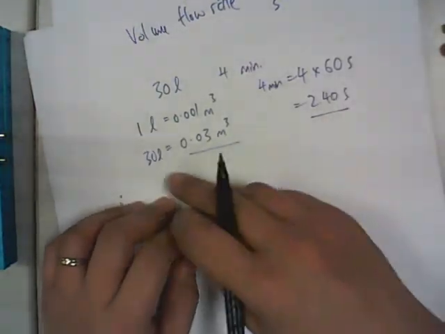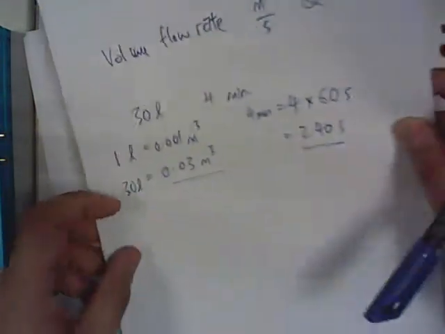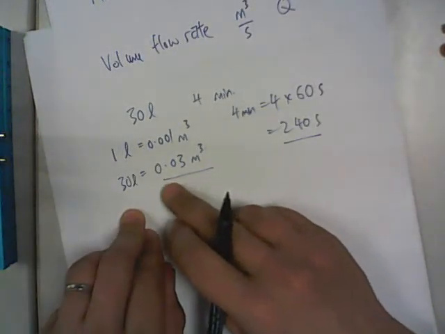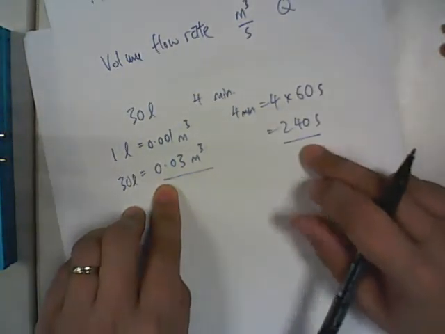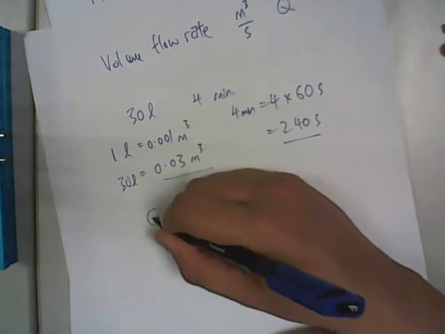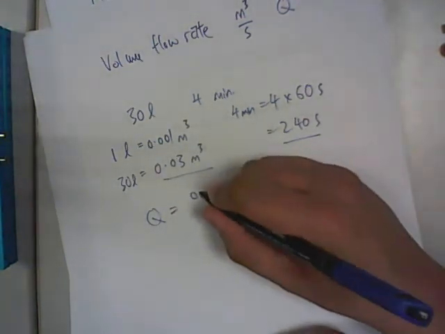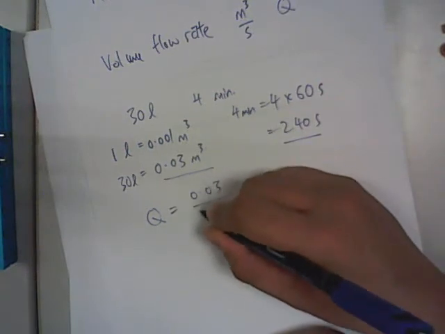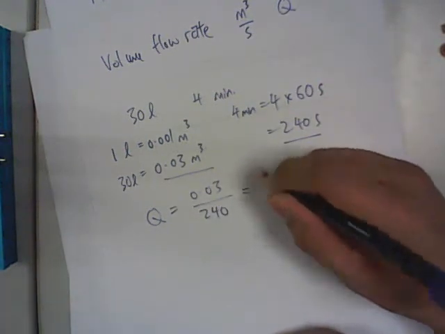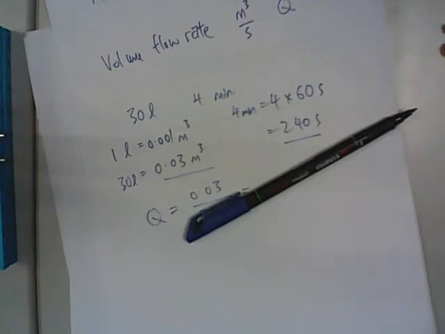So the flow fills 0.03 meter cube in 240 seconds. This is volume, so I can find the volume flow rate, the volume in this amount of time. Let me just get my calculator.